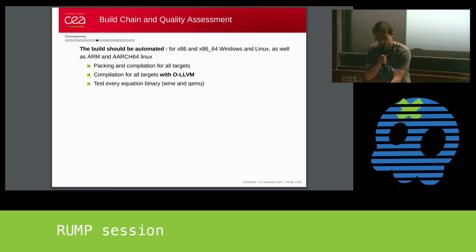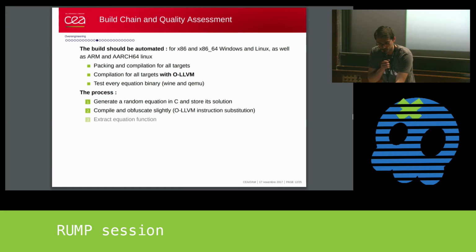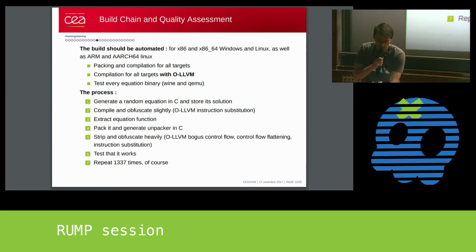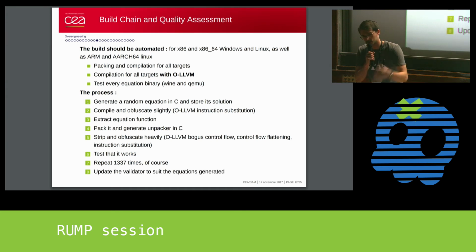It was quite a bit of work, but fun work. So that's basically the whole process that you saw before: we compile the equation, we extract it, we pack it, then we strip and obfuscate, then we test that it works. We do this for all the binaries, and then we have to update the validator that was described before.